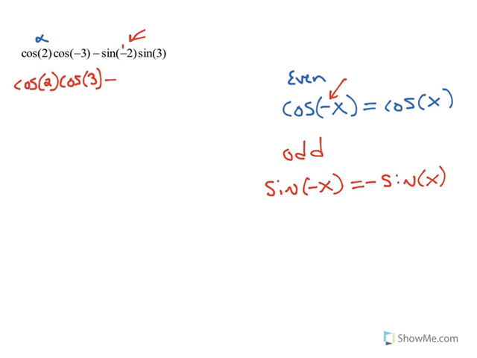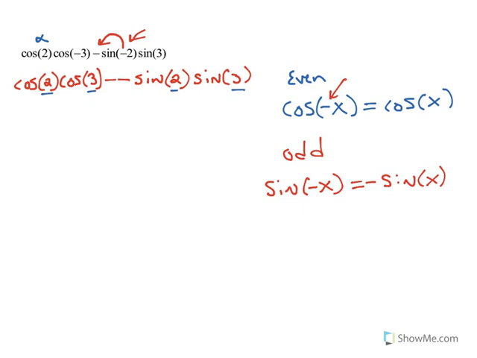Then you get 2 negatives in a row, but that will get our angles to match: sine of 2, and sine of 3. So now we have matching angles. Now we have a 2 and a 2, not a negative 2, and a 3 and a 3, not a negative 3.